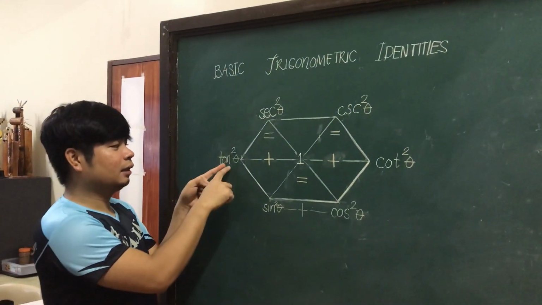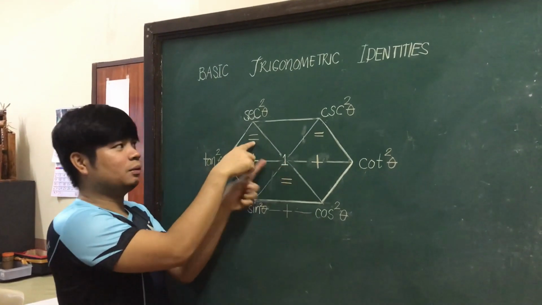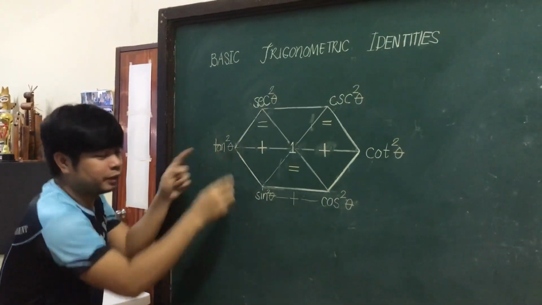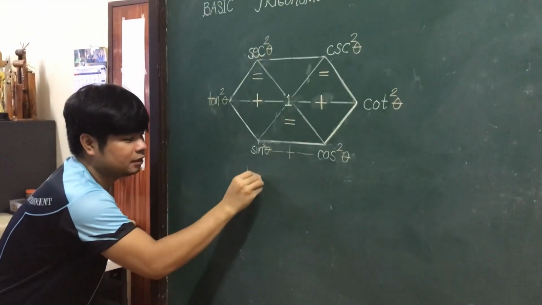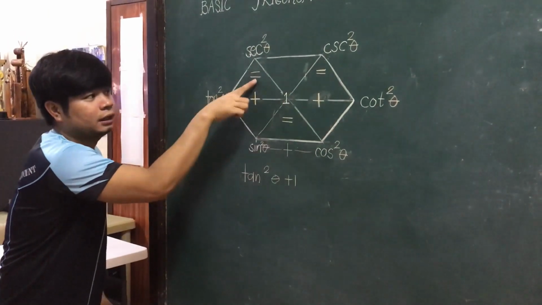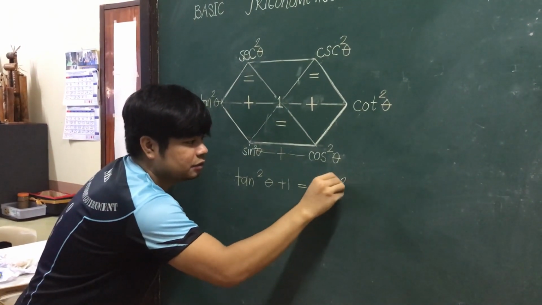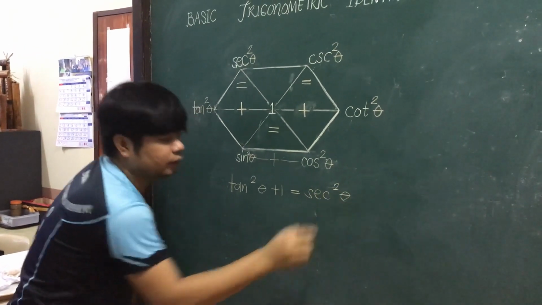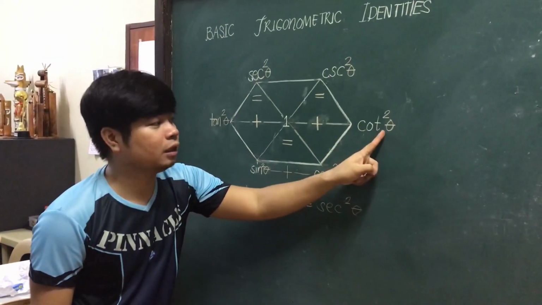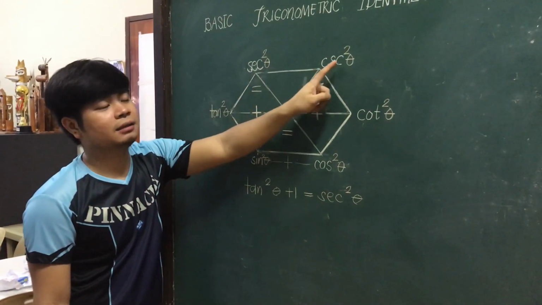It means that when tangent squared theta is added to 1, that is equal to secant squared theta. So also, cotangent squared theta plus 1 is equal to cosecant squared theta.